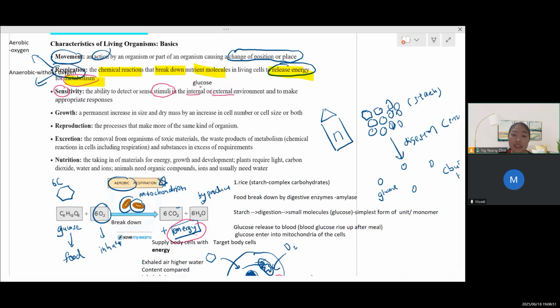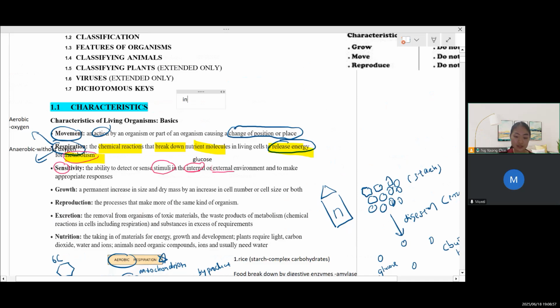The internal environment is referred to your internal body environment. For example, the blood glucose level, and also the blood pH. I'm not sure you heard about this before. Your blood pH is maintained in a normal range.